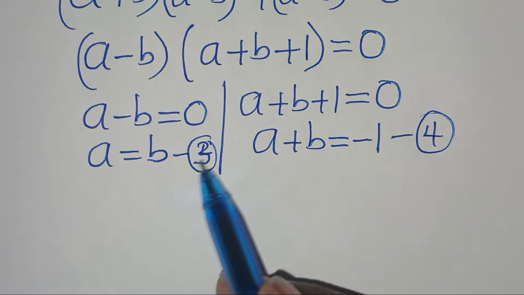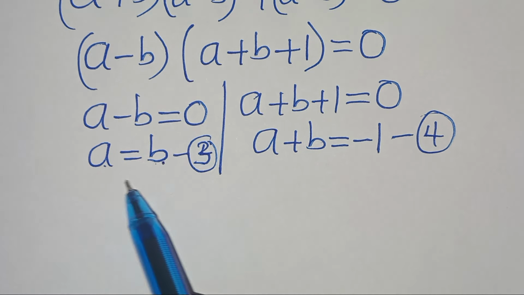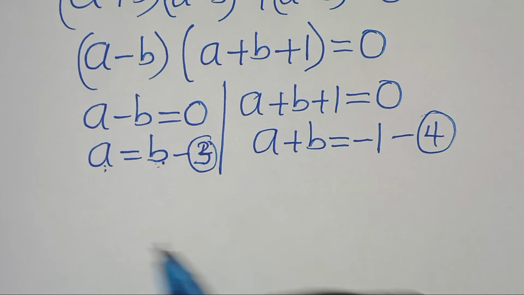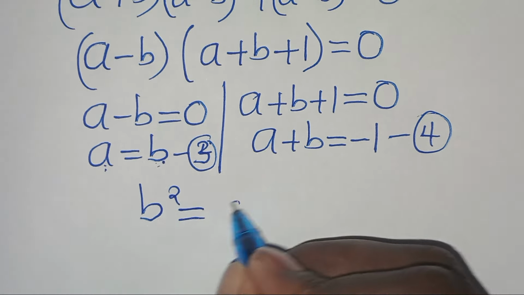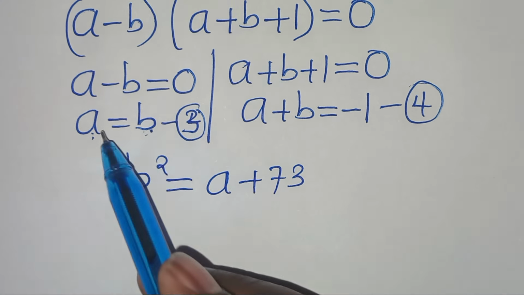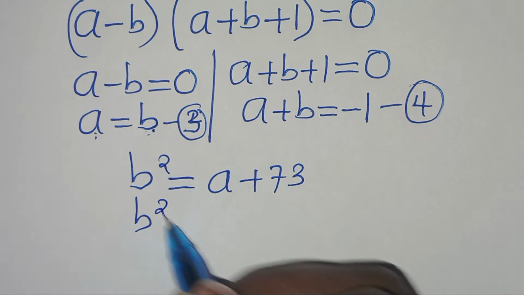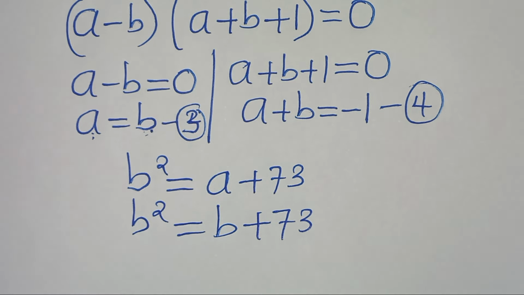Now, from equation 3, which is that a is equal to b, we can substitute a, which is equal to b, in equation 2. Equation 2 is b squared, this is equal to a plus 73. So let's substitute a with b so that we have b squared, this is equal to b plus 73.